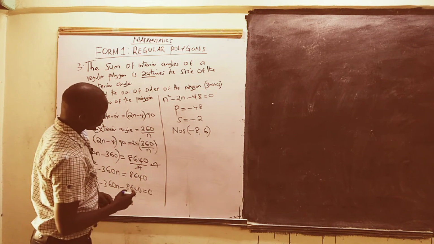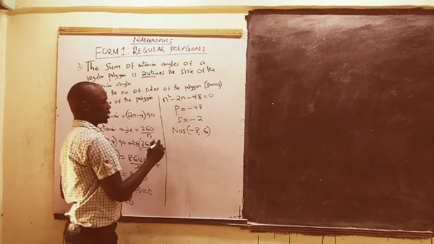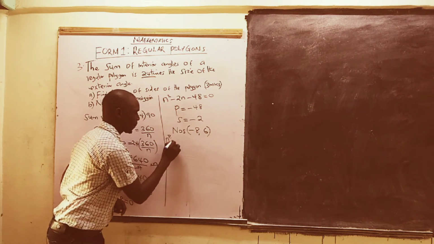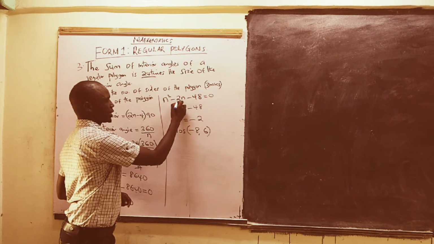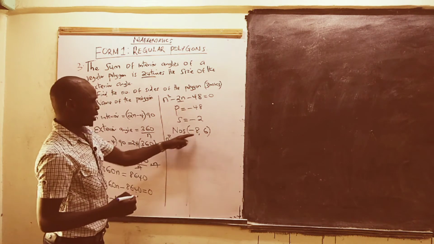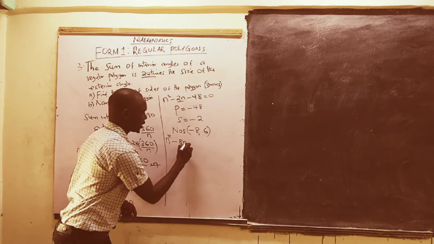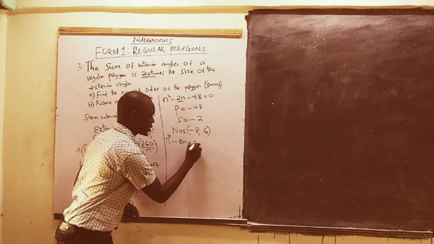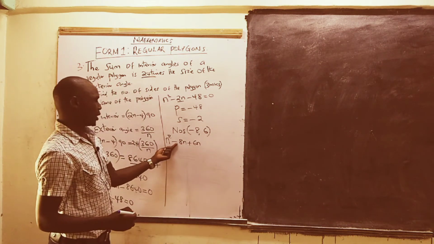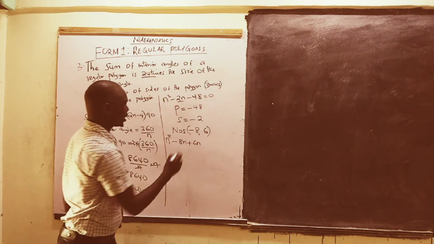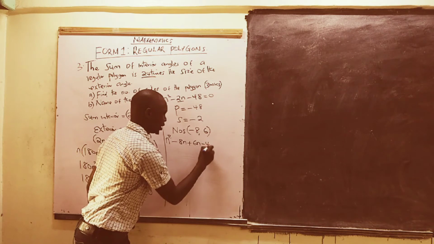So what we are going to do next is to rewrite this expression afresh, that is n squared. This time round we replace the middle term using the numbers. This one is going to be minus 8n, then plus 6n, such that minus 8n plus 6n will give you minus 2n, then minus 48.